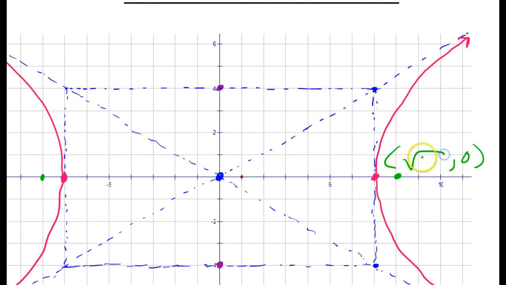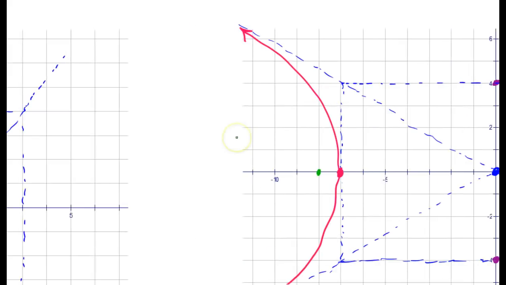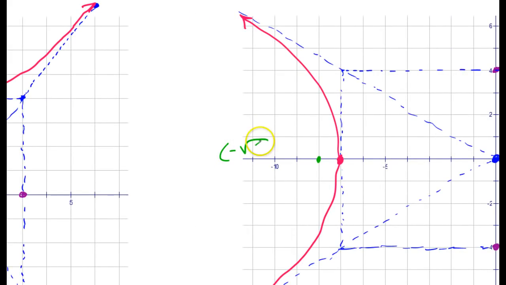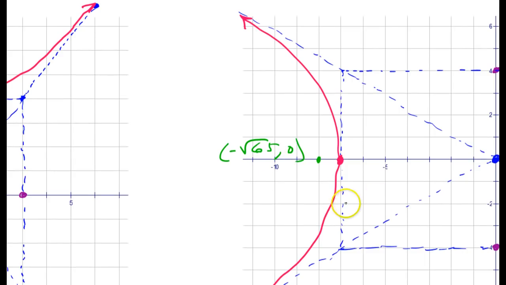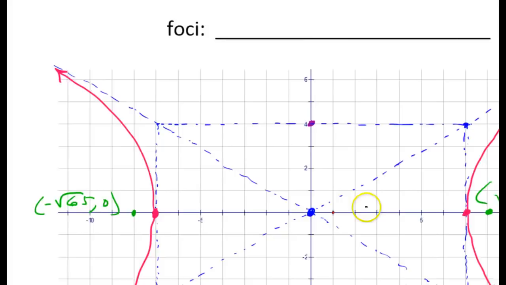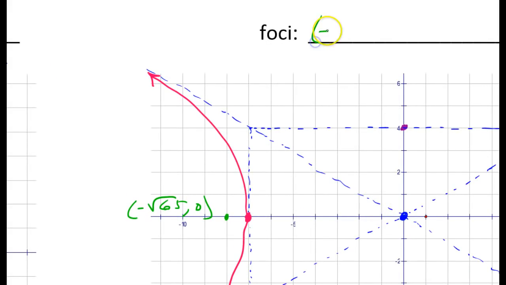So that means the x-coordinate here is radical 65. So this is going to be negative radical 65, comma 0. So those are the coordinates of the foci: negative radical 65, comma 0, and radical 65, comma 0.